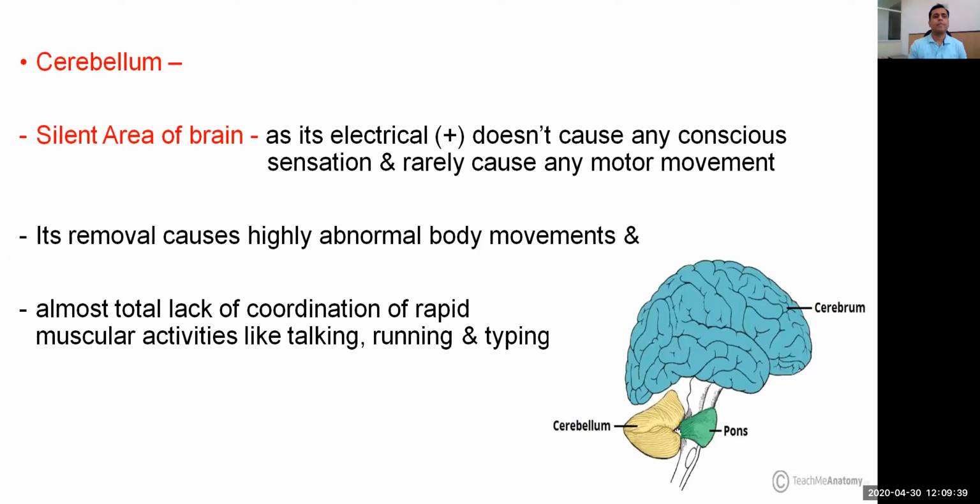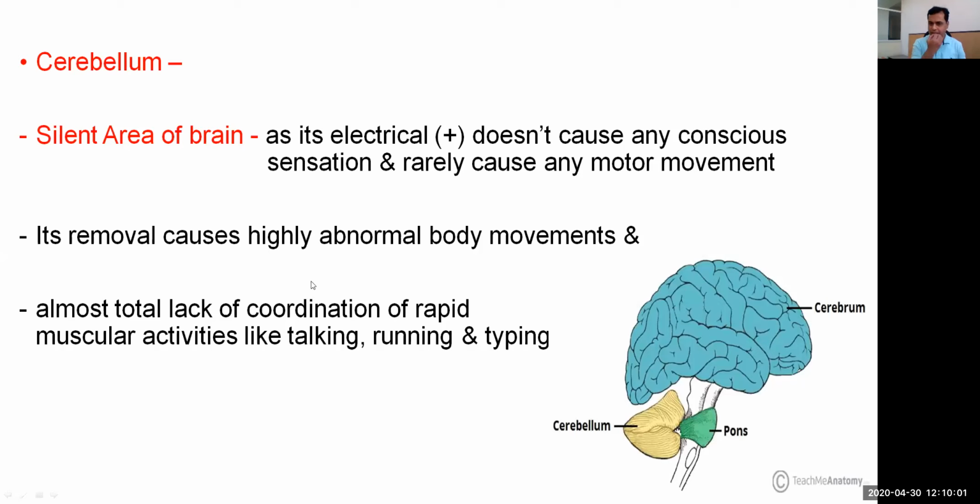Let us start. It is also called the silent area of the brain, as when stimulated electrically it does not cause any conscious sensation and rarely causes any motor movement. It remains silent and therefore may be called the silent area of the brain.